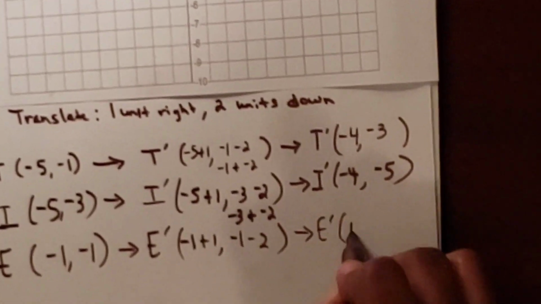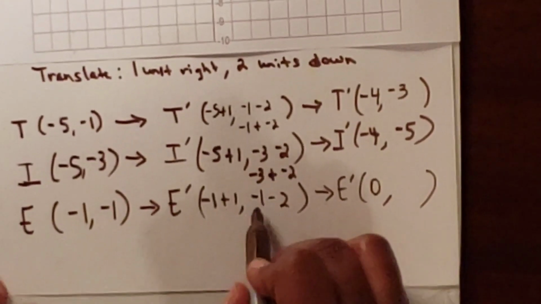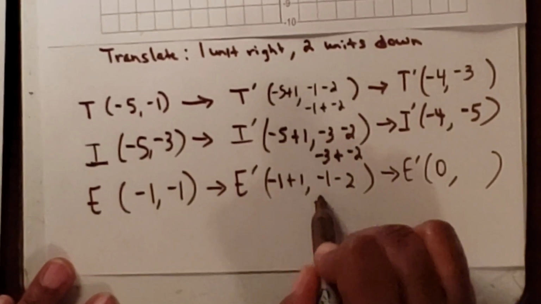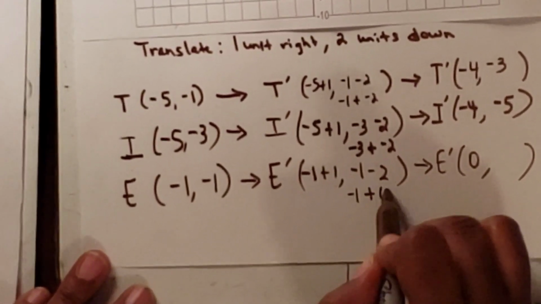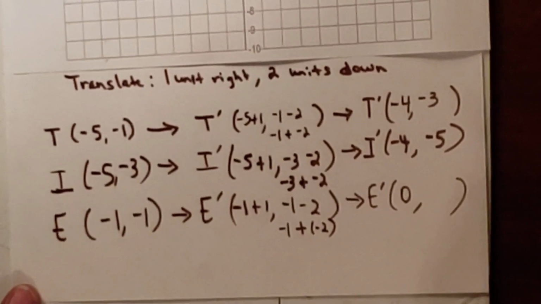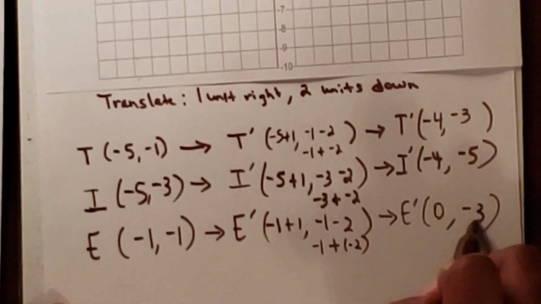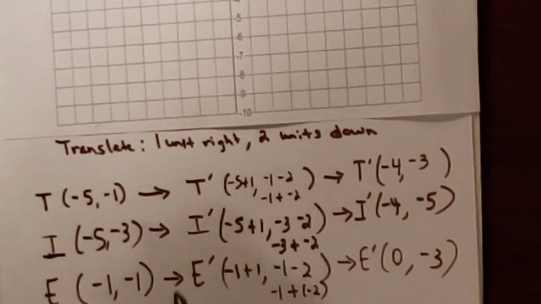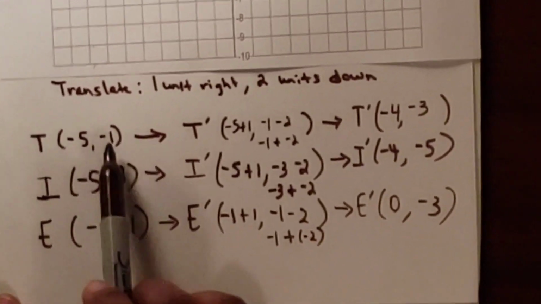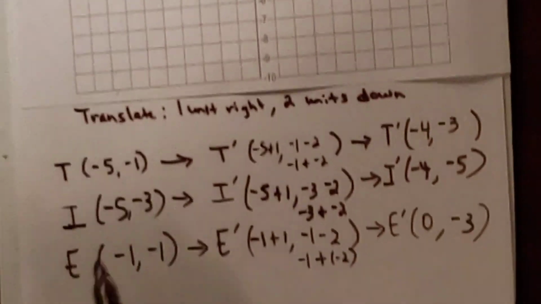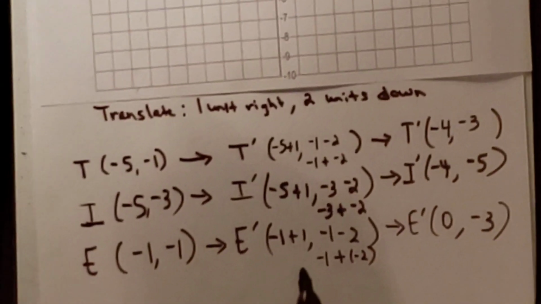So E prime will start off 0. And then if you want to do keep, change, change, -1 plus -2. Again, we get -3. We get the same thing as the first point because they're the same. T had -1 as a y coordinate, and E has -1 as a y coordinate.